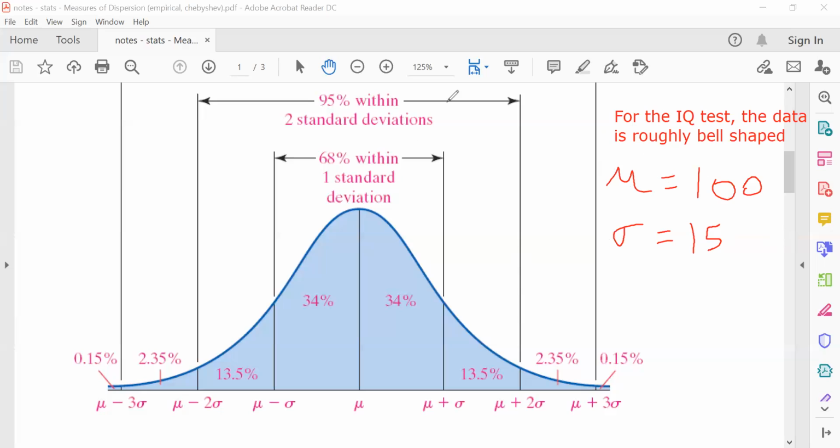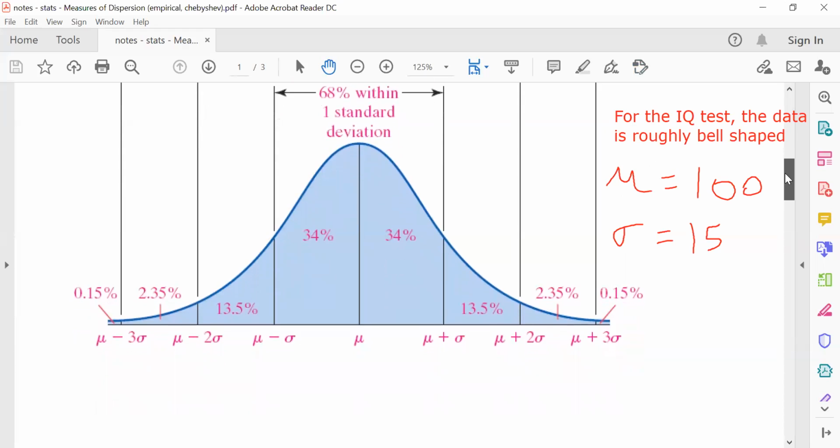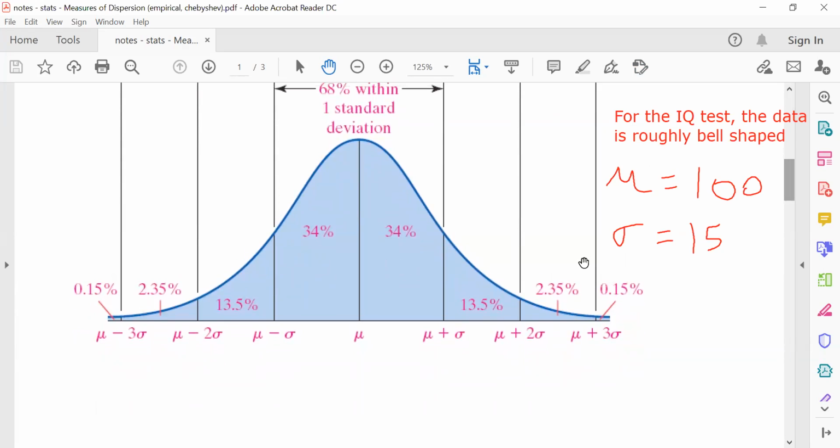So here's what that's really going to mean for you. This means that on this chart down here, let me scroll it down just a little bit. This thing's being really wonky today. On this chart down here, we can say the mean goes right here in the middle, and it's about 100.